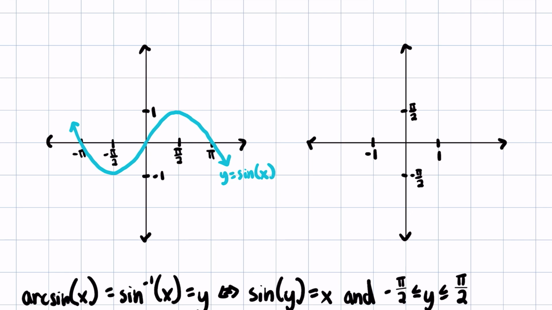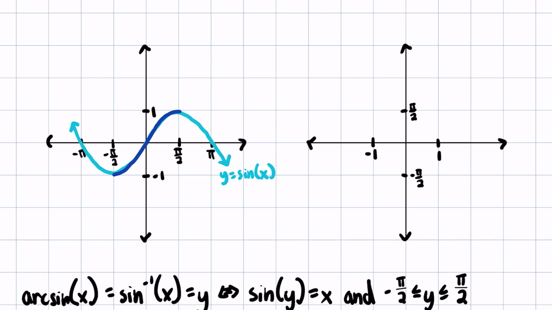So what we're going to do is restrict the domain of sine so that we can invert it. The way we're going to restrict it is between negative pi over 2 and pi over 2. Now if I draw a horizontal line and move it down, just over the dark blue part, we're never touching the line more than 2 places at the same time.